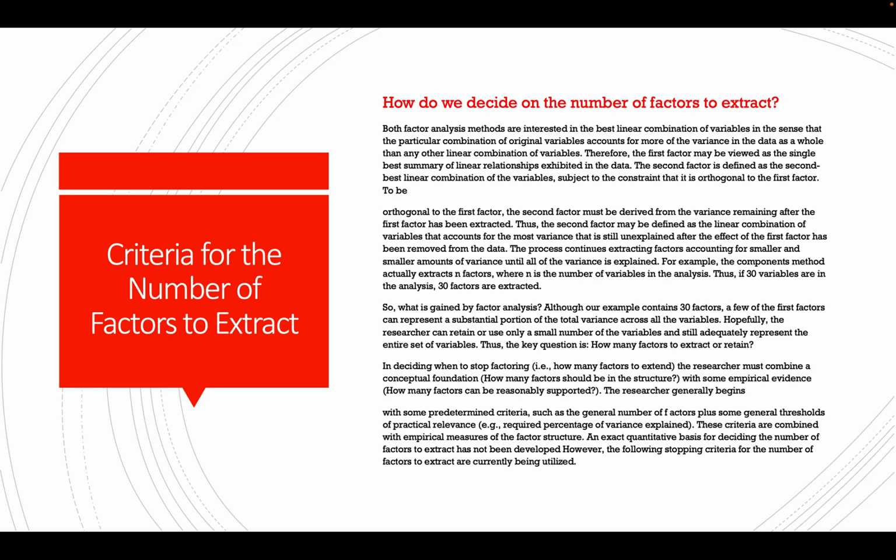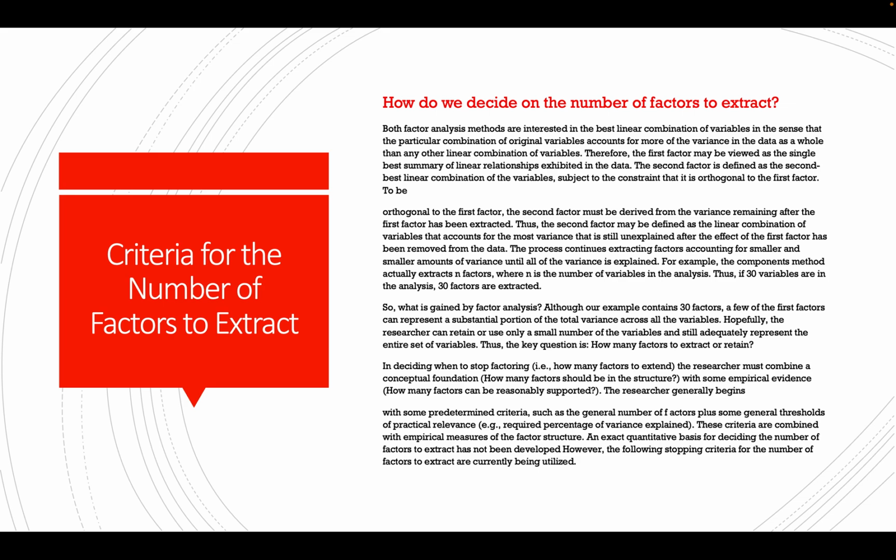The second factor must be derived from the variance remaining after the first factor has been extracted. Thus, the second factor may be defined as the linear combination of variables that accounts for the most variance that is still unexplained after the effects of the first factor have been removed from the data.